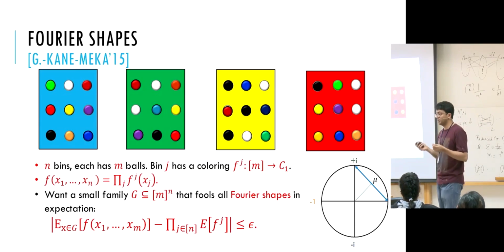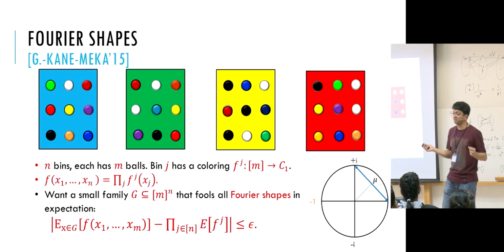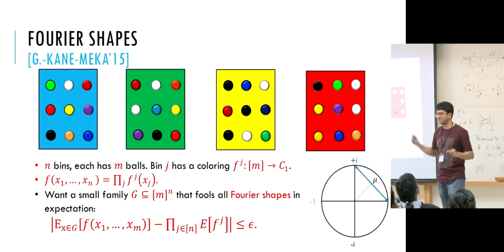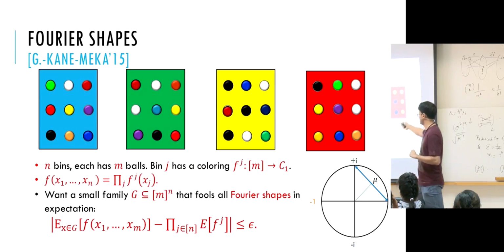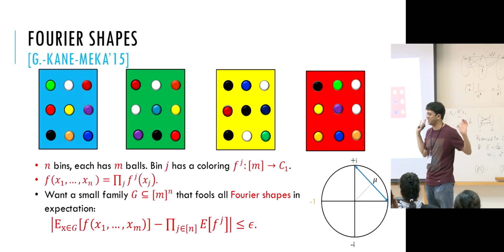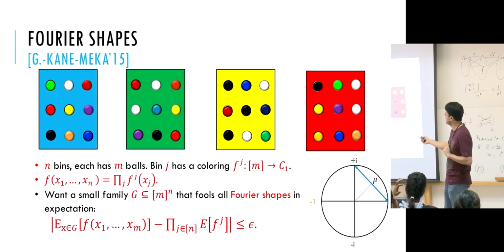Now, previously the balls had 2 colors. Now think of it as the balls get a color which comes from the unit complex disk. Okay, so each ball has a complex number of norm at most 1 associated with it, and across different bins they could be using different palettes. They don't need to use similar colors. They can take whatever colors they want from the unit complex disk.